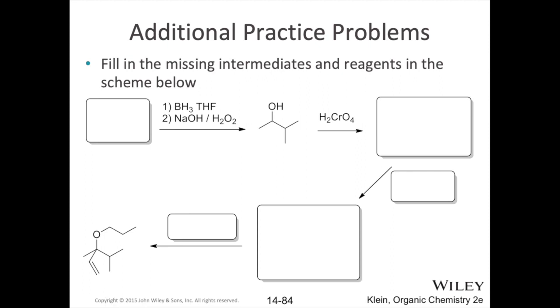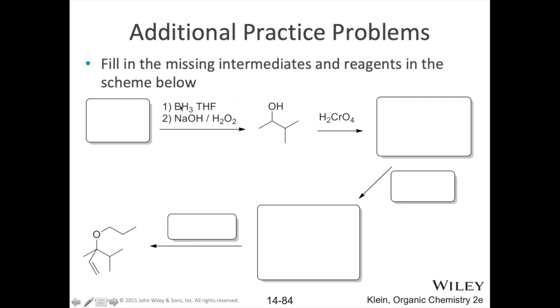All right, so here's a synthetic problem. Looks like we have both reactants and intermediates and reagents missing. So take a second and try this out. Okay, so notice that here we've got an alcohol, and you can see the reagents here imply a hydroboration-oxidation reaction.